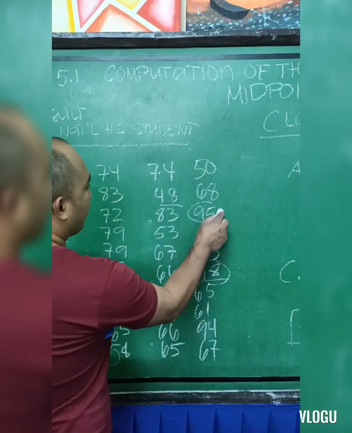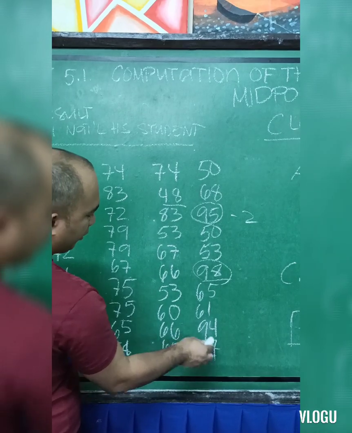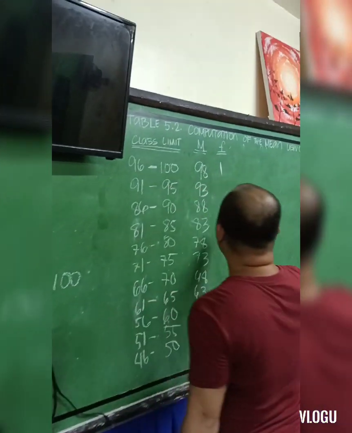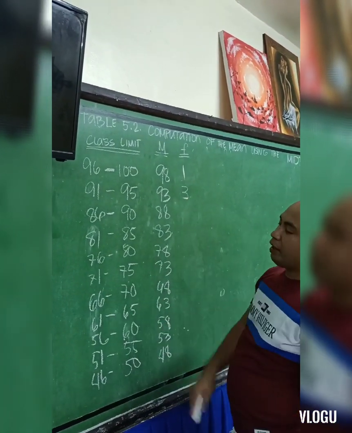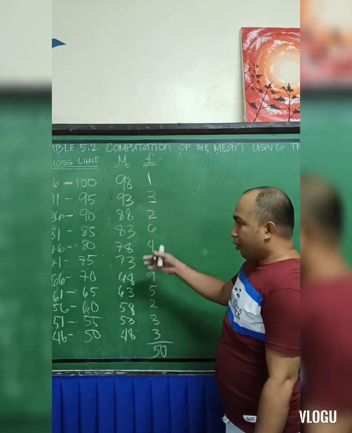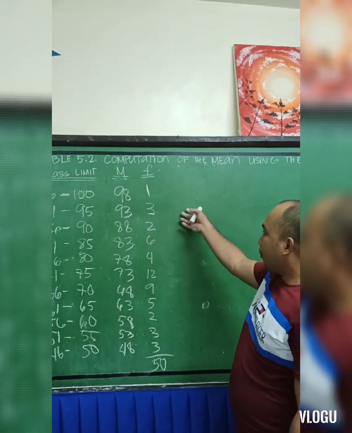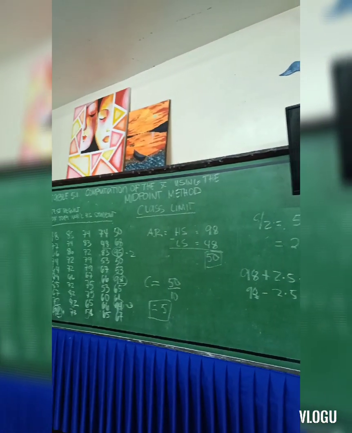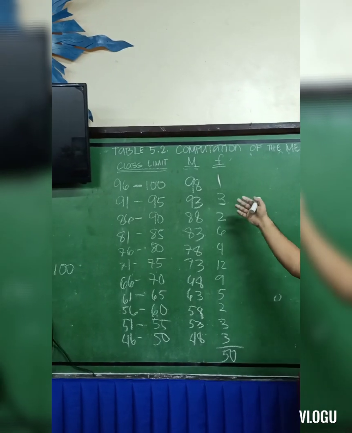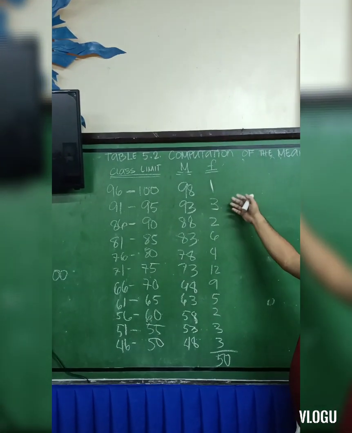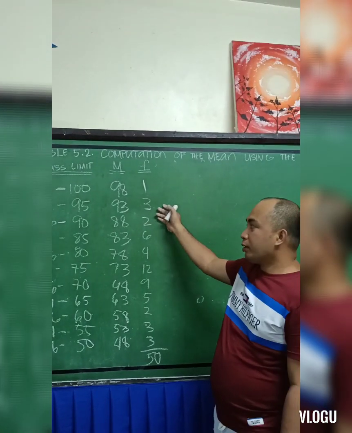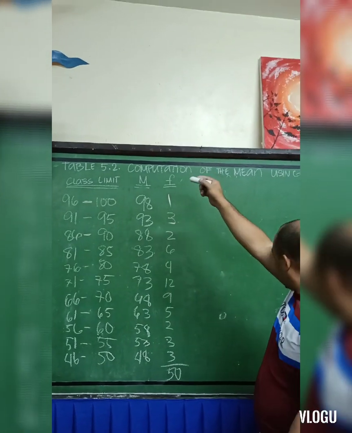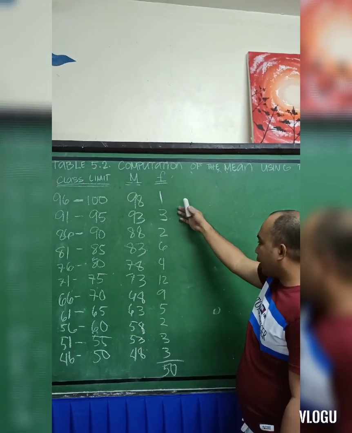Fifth column, we have 95, 2, and 94, 3. So that's why we have 3 here. As we proceed, checking the test result, we establish our frequency. So remember, frequency represents the number of students having the score within the class limits. If you continue using our steps, you can have this one.